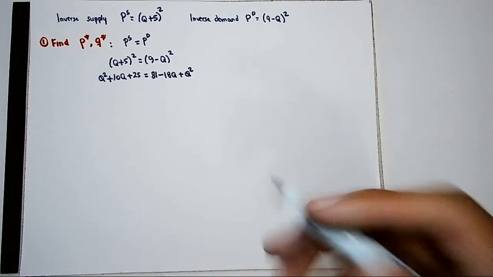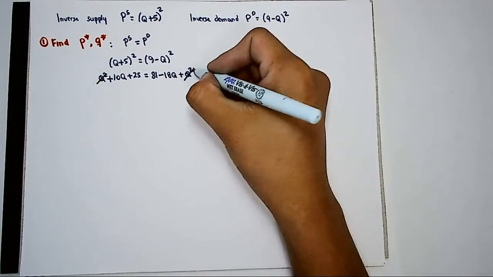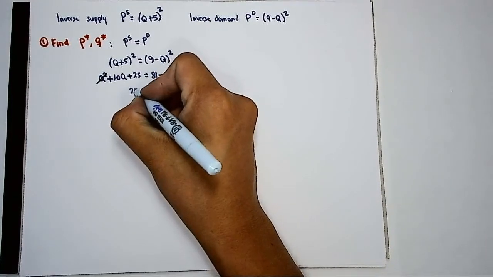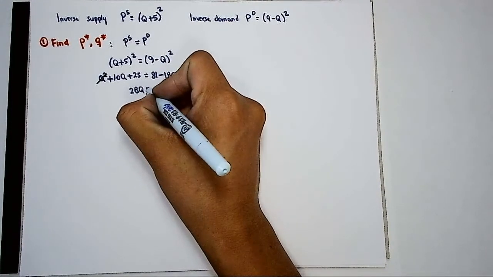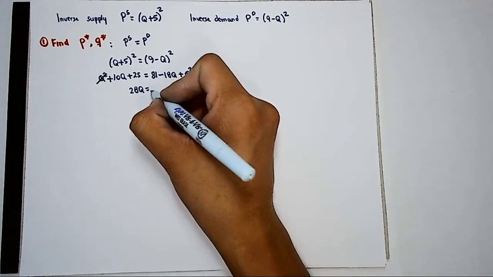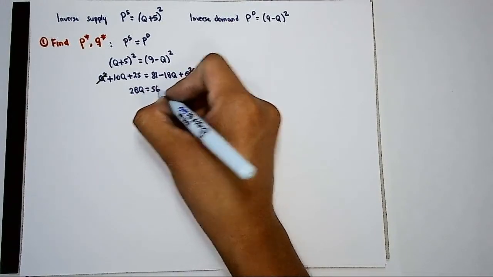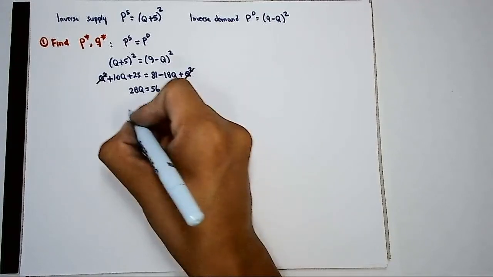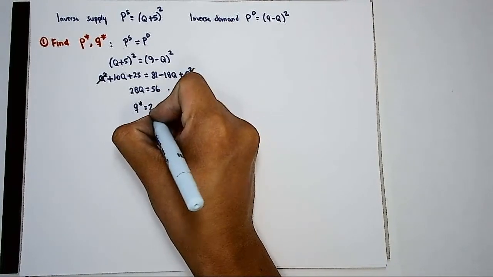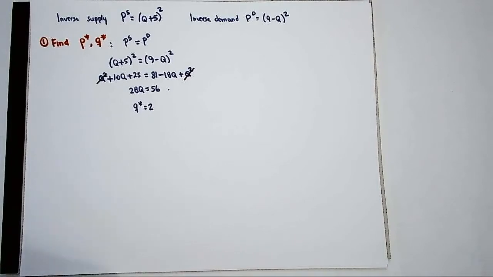Here we can cancel Q² and Q², and we get 10 plus 18 is 28Q equals 81 minus 25, which is 56, which means that the quantity at equilibrium must be 2.